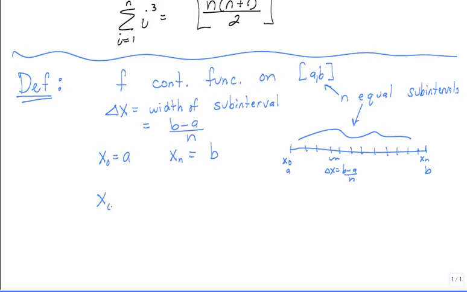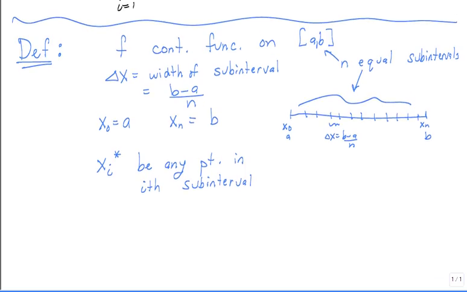And then we're going to let xi star be any point in the ith subinterval. That's how we're going to get our height. So we just pick any point, say here, in the ith subinterval, and this point right here will be xi star.